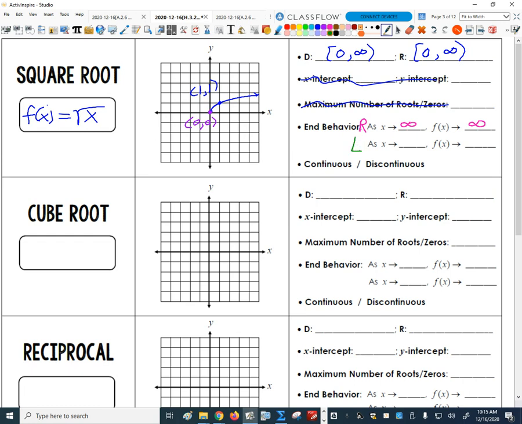Now, how about my left end behavior? What's that going to look like? There is a left end point. So as x approaches what? As x approaches 0, y approaches 0. Okay, so there's my left end behavior.